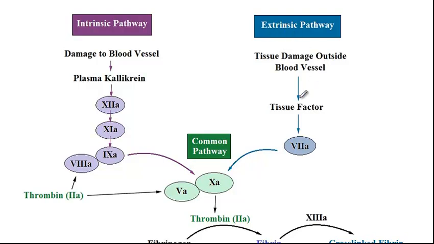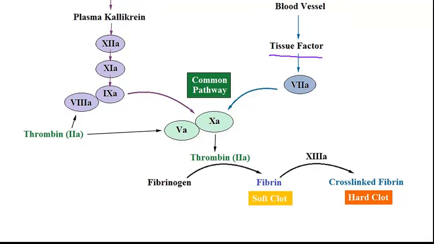Once there is tissue damage, it releases the tissue factor that activates factor 7A, which will activate the common pathway in order to initiate activation of thrombin. Thrombin is the protein that will break down inactive fibrinogen into its active form, fibrin.